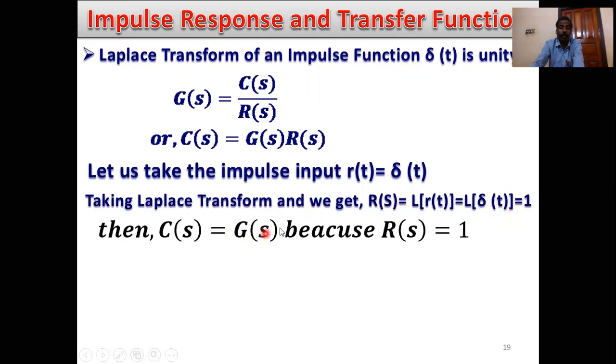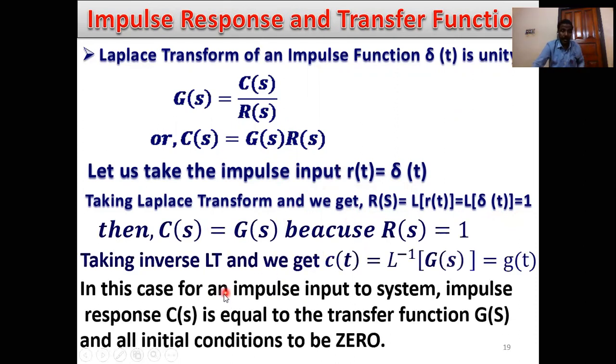Then C(S) equals only G(S) because R(S) equals 1. Then C of S equals G of S. Taking the inverse Laplace transform, we get c(t) equals inverse Laplace of G of S equals g(t). In this case, for an impulse input to the system, the impulse response C of S is equal to the transfer function G of S, with all initial conditions 0.